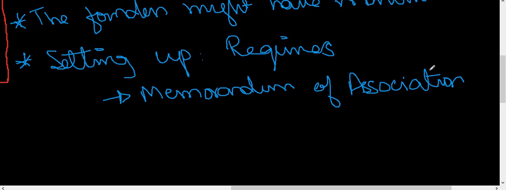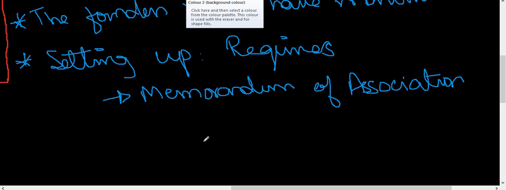So memorandum of association will talk about the important information. Let me read it out. It contains very important information about the company and the directors, the official name and the address of the company.